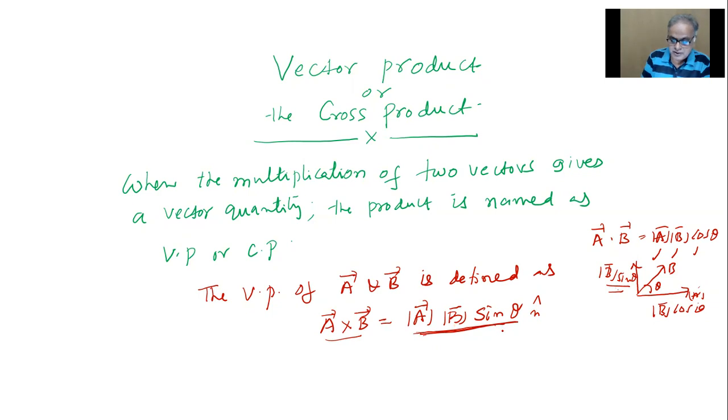That would be wrong, because on the left hand side you are saying a vector, and the right hand side you are just dropping one number. Vector equals number is not a good idea. But this number you multiply with n cap, a unit vector, this whole thing becomes once again a vector. All right. So the difference between the notation of a dot product and cross product is basically that. Here we just leave it like this, mod A mod B cos theta, but here we write mod A mod B sine theta into n cap. Do you follow?